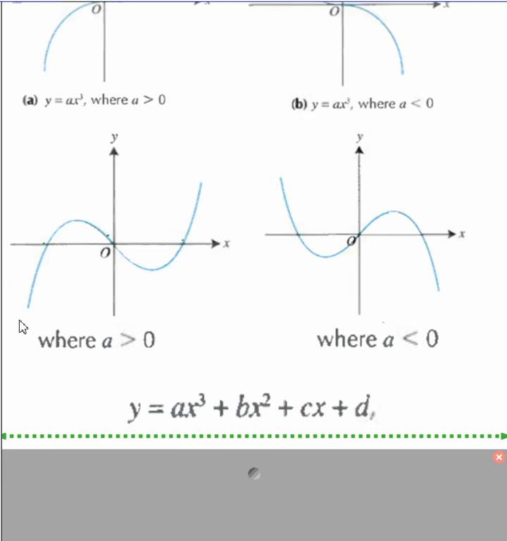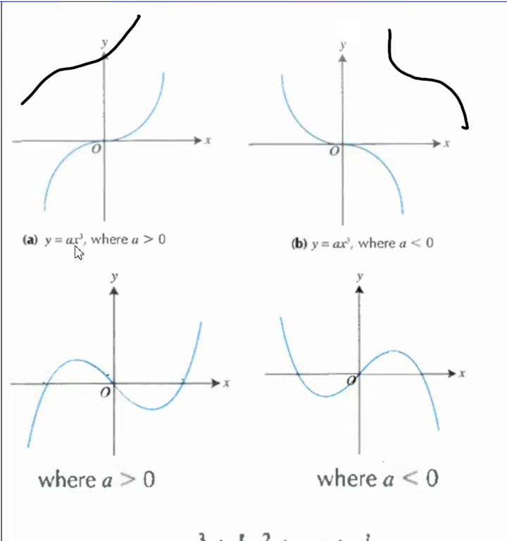The shape of the graph goes up, then down, then up. So it is going from down to up, and in this case down to up to down. If a is negative, meaning the coefficient of x^3 is negative, then the shape of the graph will be like this. It is intercepting at 3 points. And in the above one, it was just ax^3, so it was intercepting at 1 point.